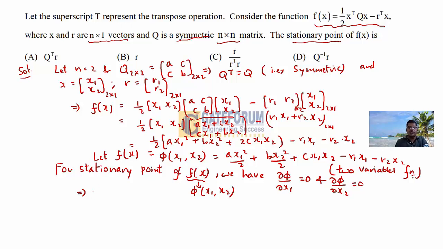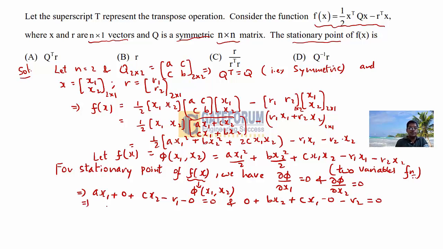So this is first term ax1 square by 2 derivative is ax1 plus x2 square derivative 0 plus cx2 minus r1 and that is 0, equal to 0. And with respect to x2, first term 0 plus bx2 plus cx1 minus 0 minus r2 is equal to 0.